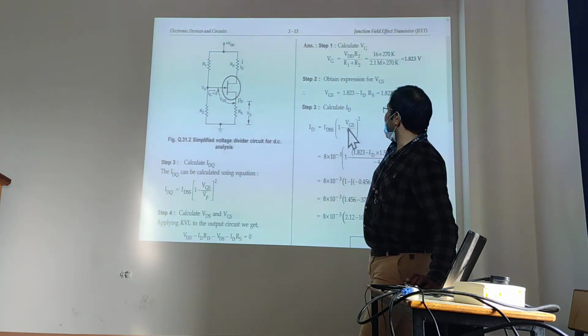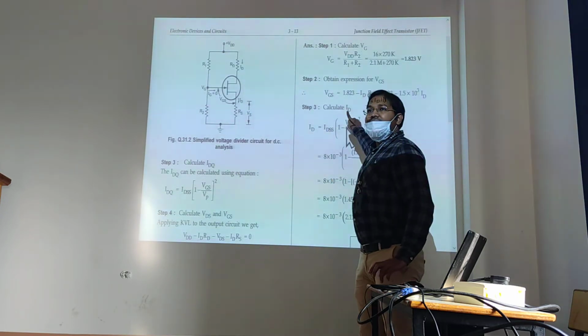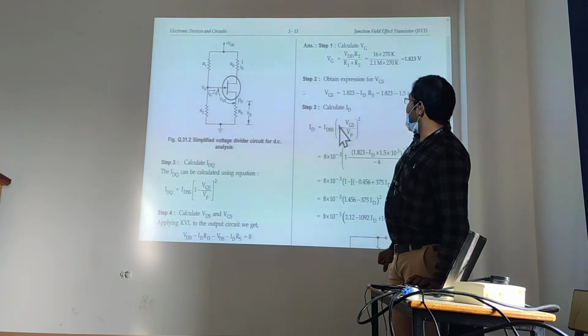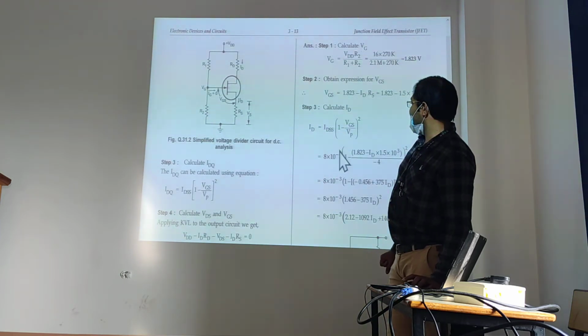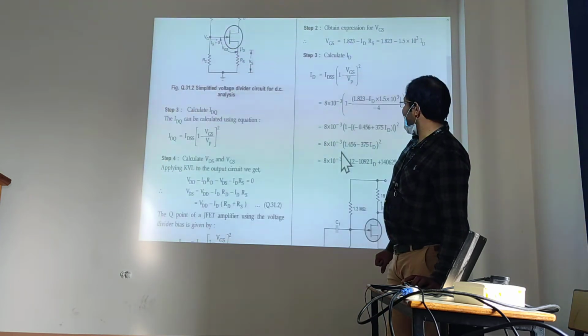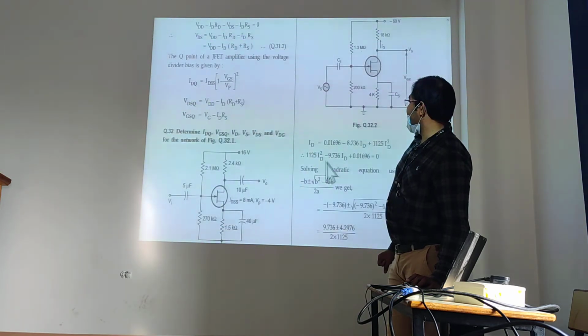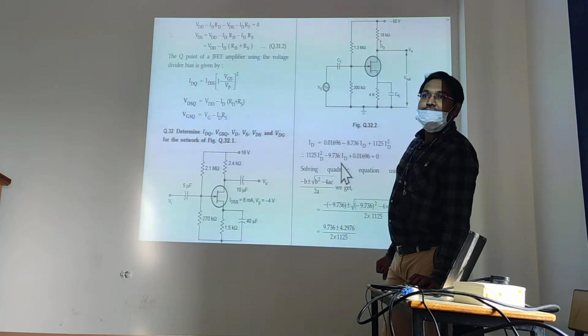VGS in terms of ID. So that VGS we are putting here, in the ID square term. Put the numericals, use A minus B whole square, expand. And then this is the quadratic equation we are getting.